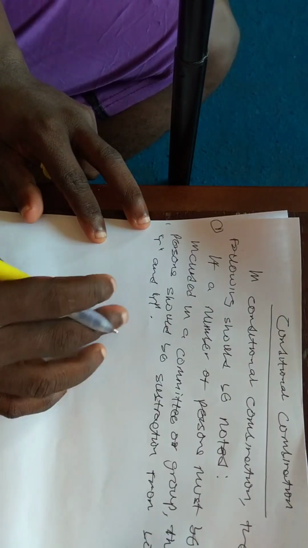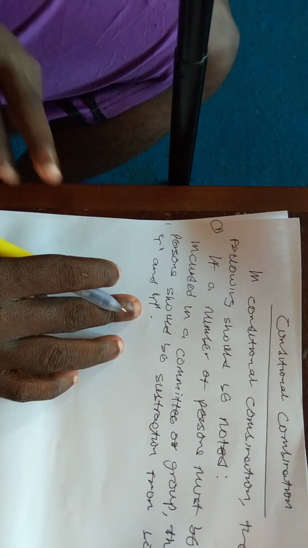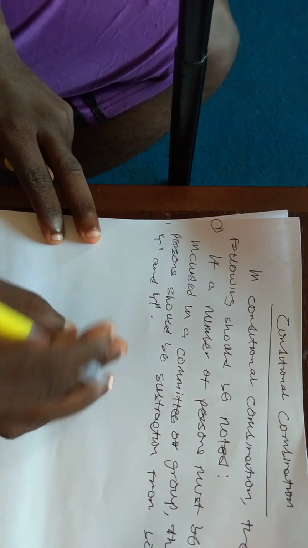If a number of persons must be included, those persons should be subtracted from both r and n.